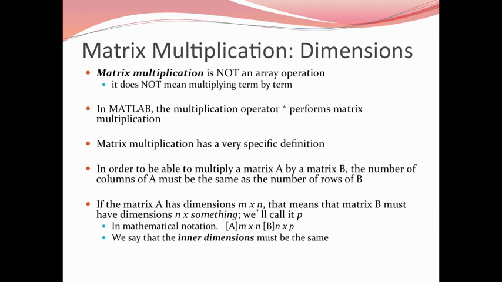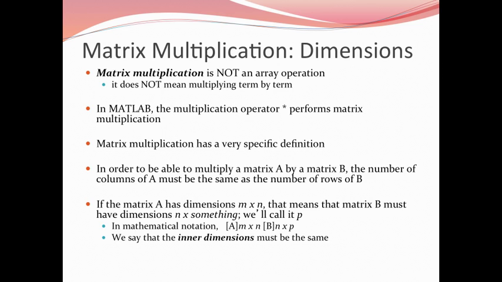In MATLAB, just the asterisk is the multiplication operator that performs this matrix multiplication. So there's a very specific definition for matrix multiplication. Let's talk first about what the dimensions of the matrices have to be in order to be able to multiply them.